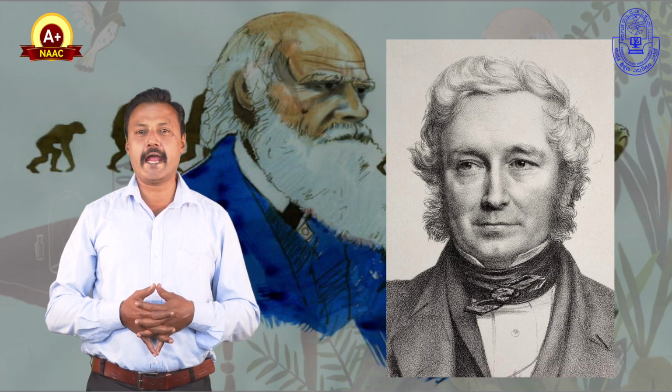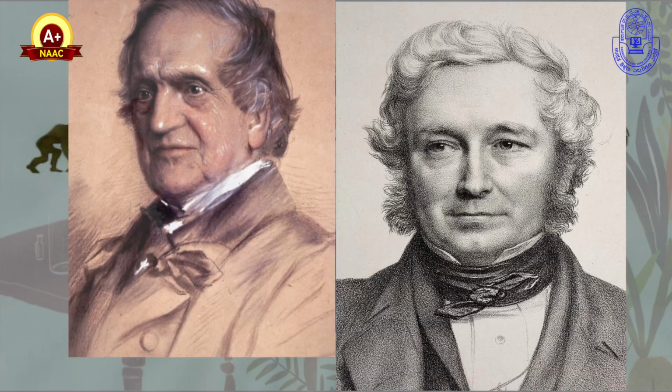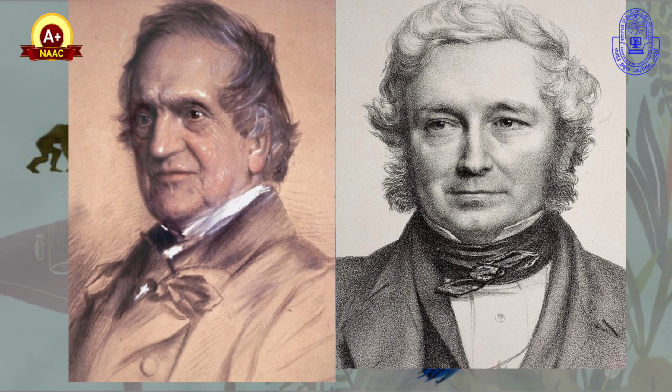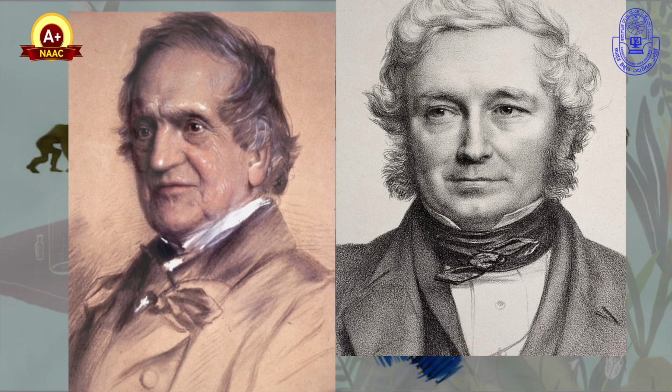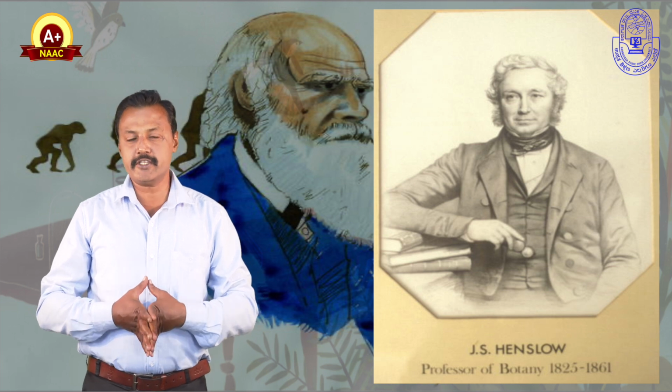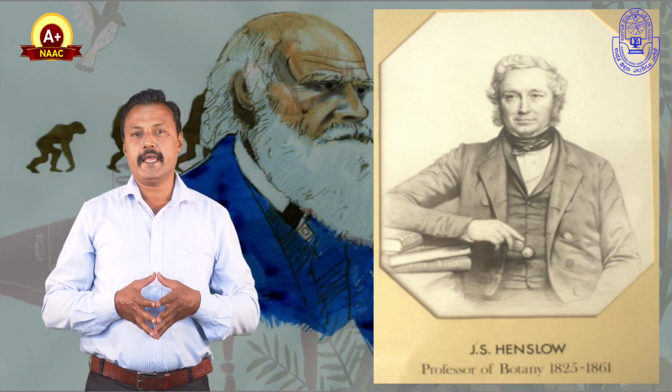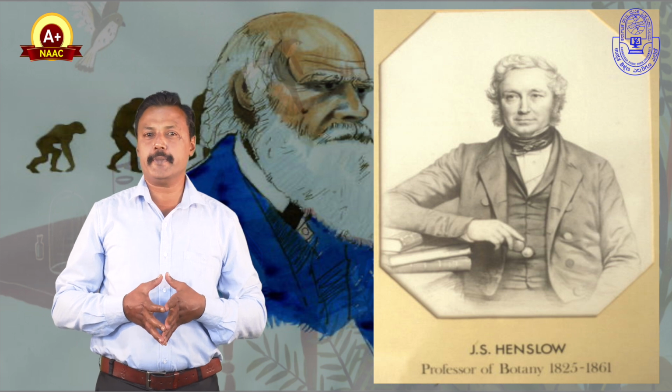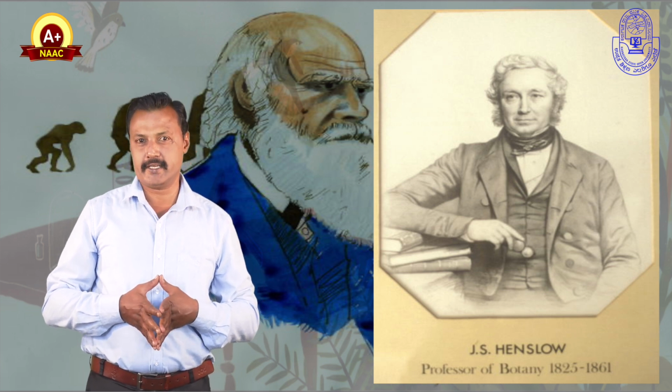Two of his professors, J.S. Henslow and Adam Sedgwick, supported Darwin in his graduation and also in his investigations in the natural sciences. In 1831, J.S. Henslow wrote to Darwin offering an expedition with the British Navy as a naturalist.